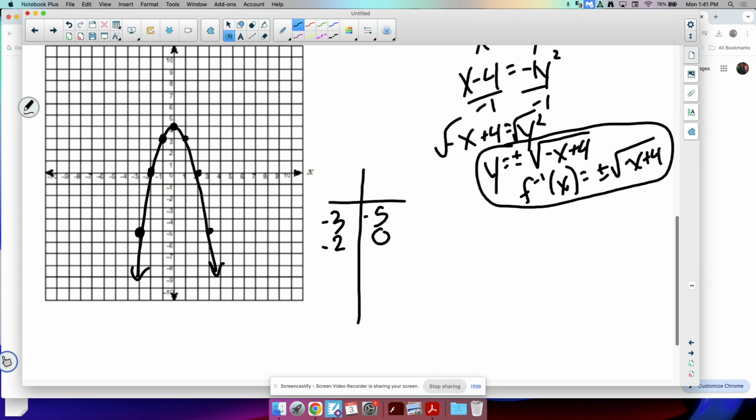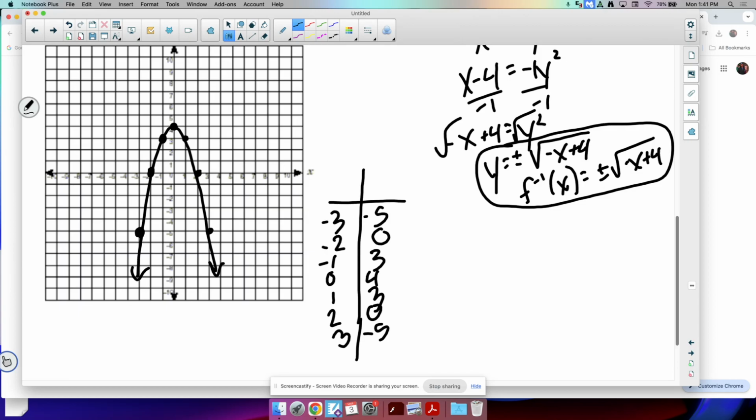What's the ordered pair of this point? X value? -1, 3. What's the top ordered pair? 0. And then what's the one next to it? 1, 3. Next one? 2, 0. Last one? 3, -5.